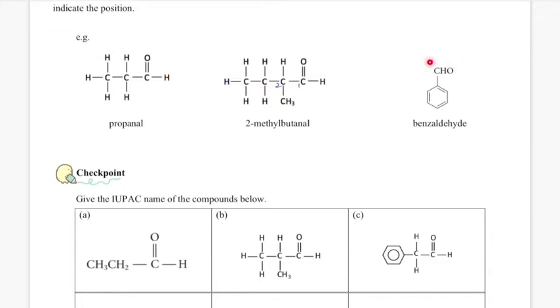And for this one, we can see it has a benzene ring attached to the functional group, so we name it as benzaldehyde. That's a special case.